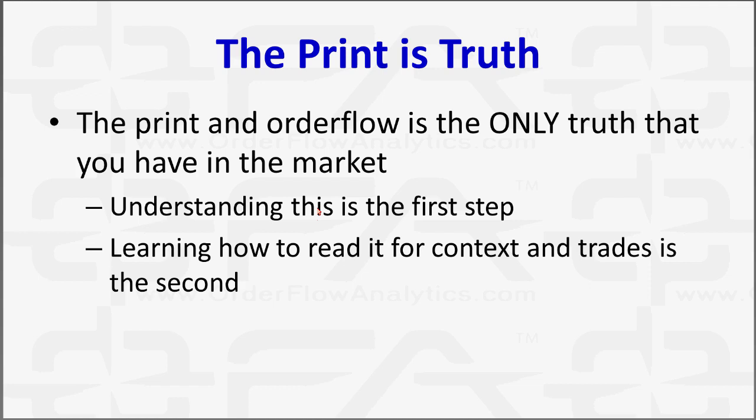You can put those things together to build context over time, and start to see points in the auction, even just in the print, where buyers are holding or where sellers really have conviction. That will help you get confluence for trades.